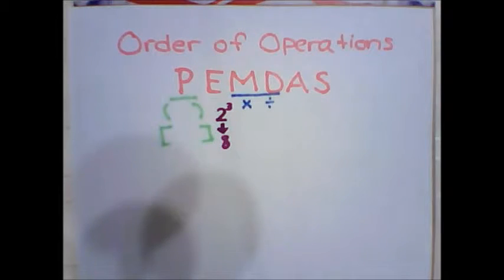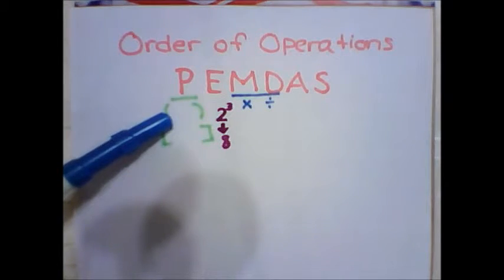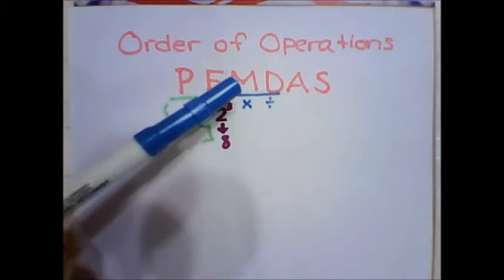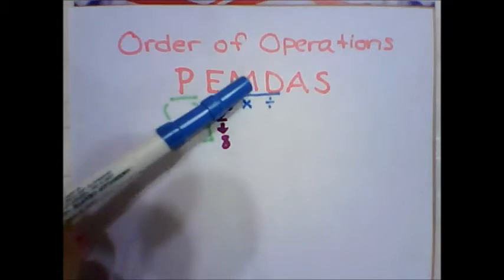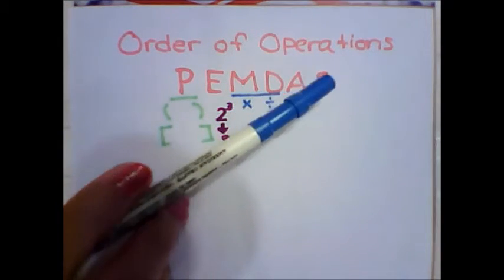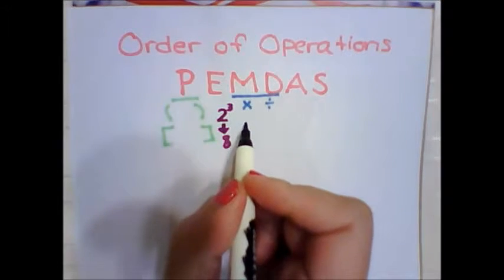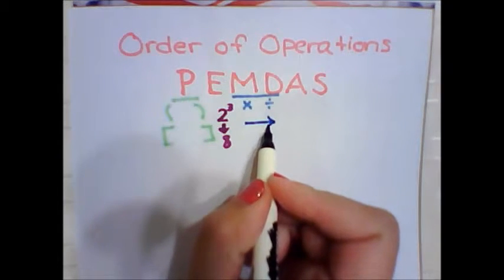What's really important is that when you have done everything in your parentheses, simplified all of your exponents, and all that's left is multiplication and division, you want to look for the multiplication and division and simplify those from left to right.